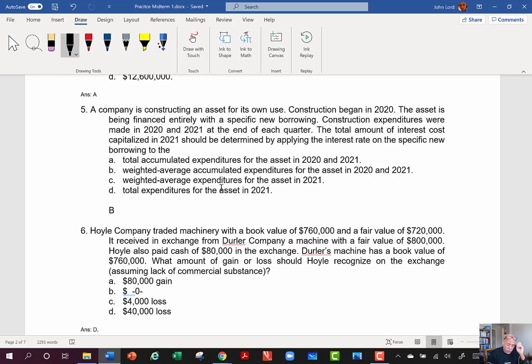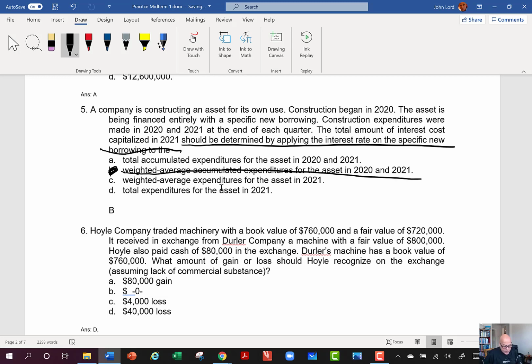Those were the major rules in that case. All they're asking is what should I apply the interest rate from the specific new borrowing on? And the answer is the weighted average of accumulated expenditures for while the construction is going on, 2020 and 2021. Okay, good.